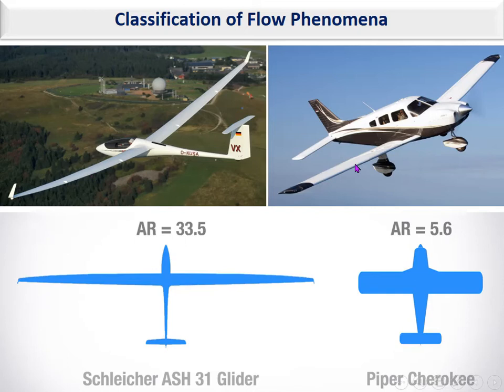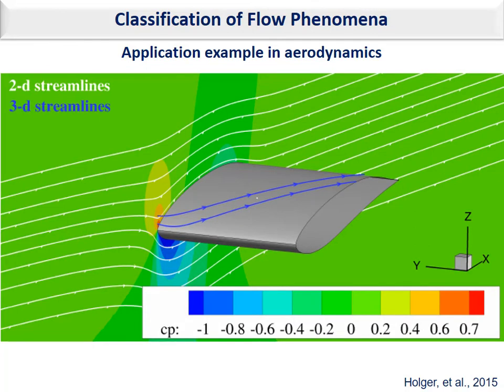But when you are solving the problem on the wing of a Piper Cherokee, then it may be better to consider it as a three-dimensional flow. So in some cases, your engineering perception may help you select between one, two, or three-dimensional flow.